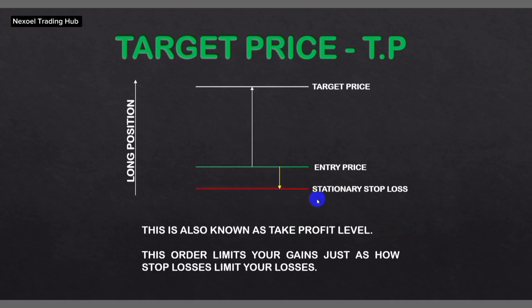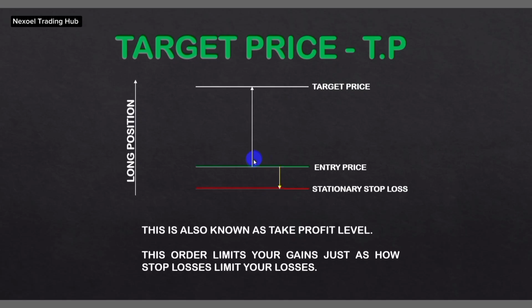So what we have here is the entry price level. We have the stationary stop loss. We have the target price, so this is the TP level. It means just the way if the market should go against you to the downside, you're going to be taken out of the market at this stop loss price level, the same thing applies to the target price.